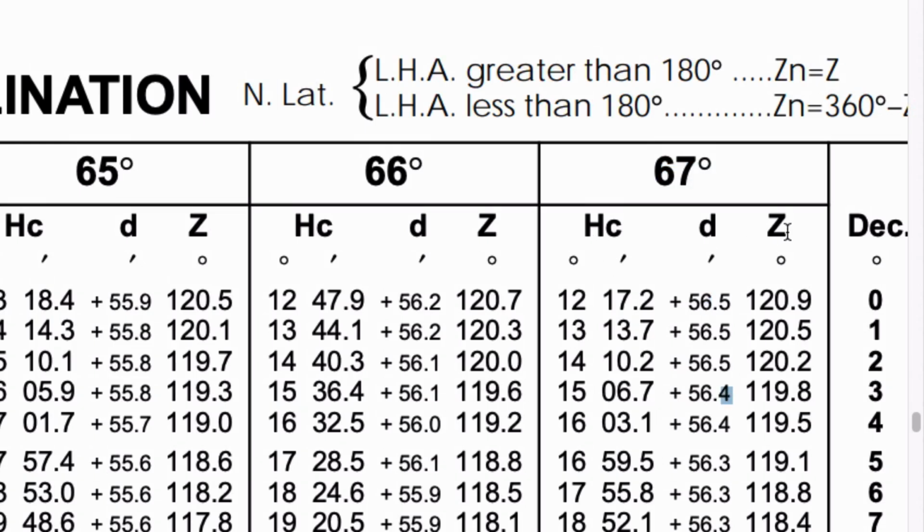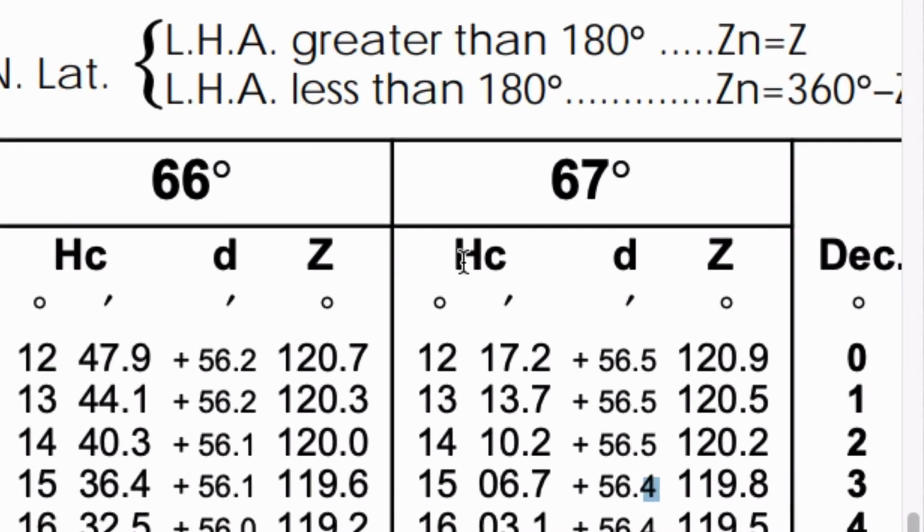Now, what these three columns are is a calculated elevation angle of the body in question. In other words, what you would see through your sextant is the elevation angle observed, H sub O, and so H sub C is elevation angle calculated. D is useful for interpolation, because we're only going to the nearest degree of latitude and the nearest degree of local hour angle.